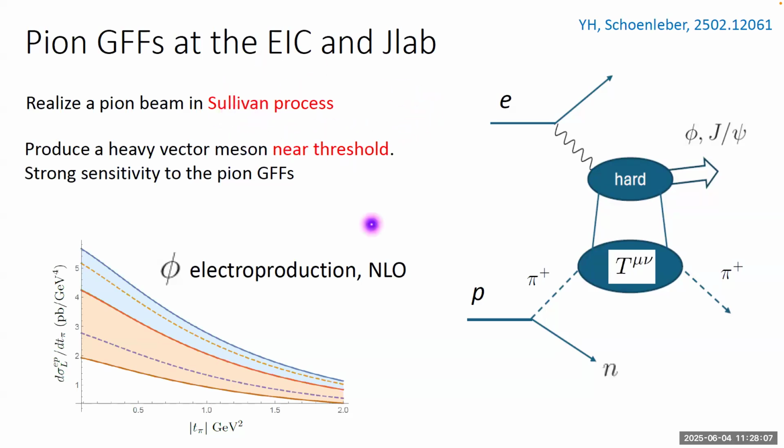The proton first emits a pi plus and splits into a pi plus and a neutron, and this pi plus interacts with the photon, and then you produce a phi meson or J/psi near the threshold region. The claim is that this process is sensitive to the gluon part of the gravitational form factor, and this can be measured at JLab and the Electron-Ion collider.